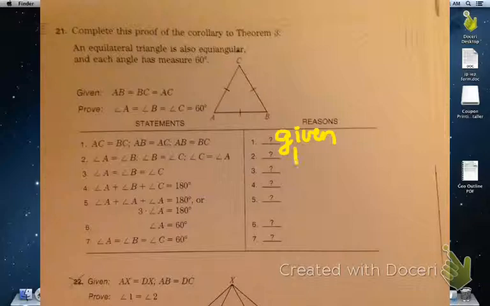That's the isosceles triangle theorem. The third one, they had all these different things that were equal, and they kind of just linked them end to end. This angle B linked up with this angle B, and angle C here linked up with this angle C. So that's the transitive property.